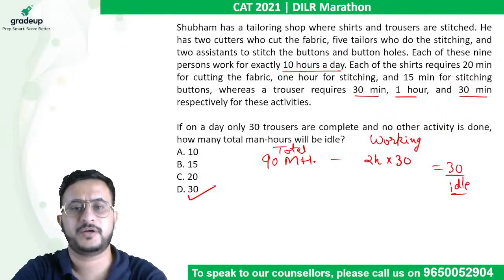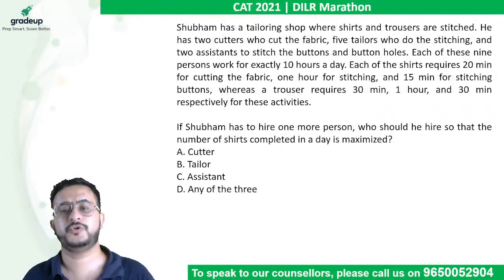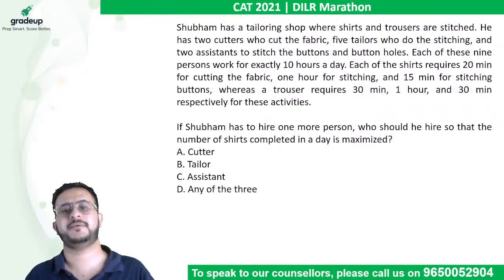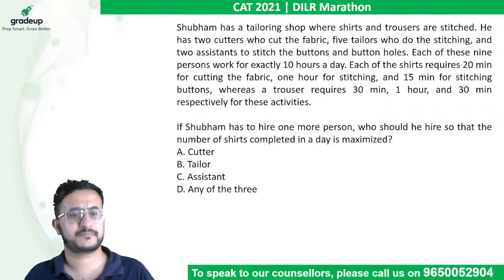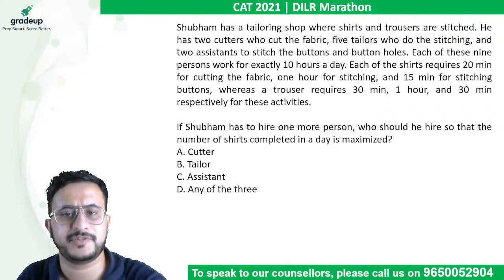Now if Shubham has to hire one more person, who should he hire so that the number of shirts completed in a day is maximized? So he has to hire a person so that the number of shirts completed in a day is maximized.